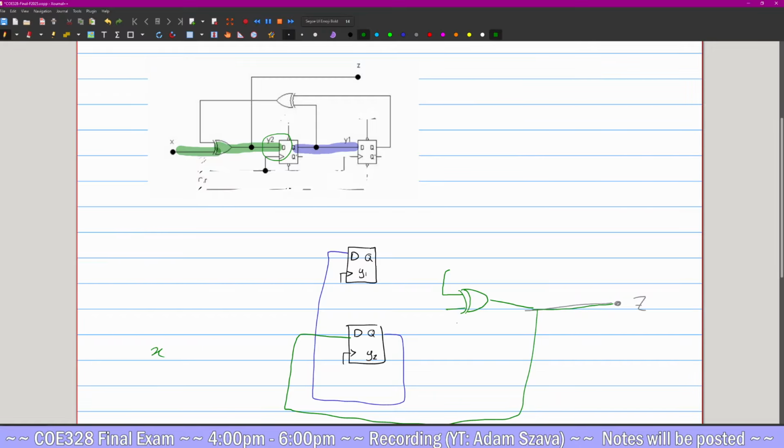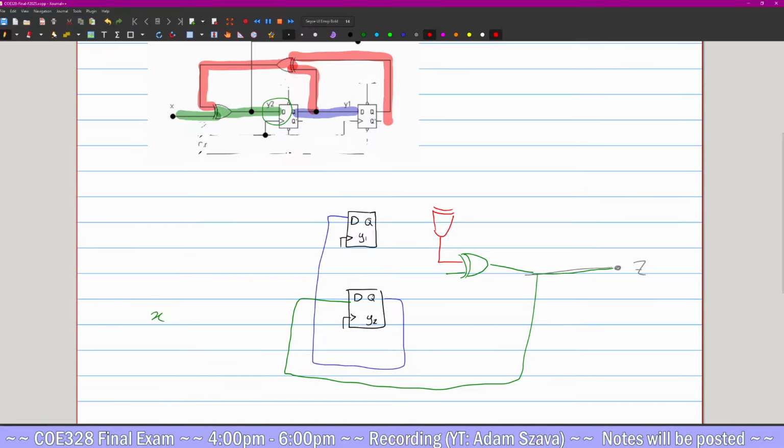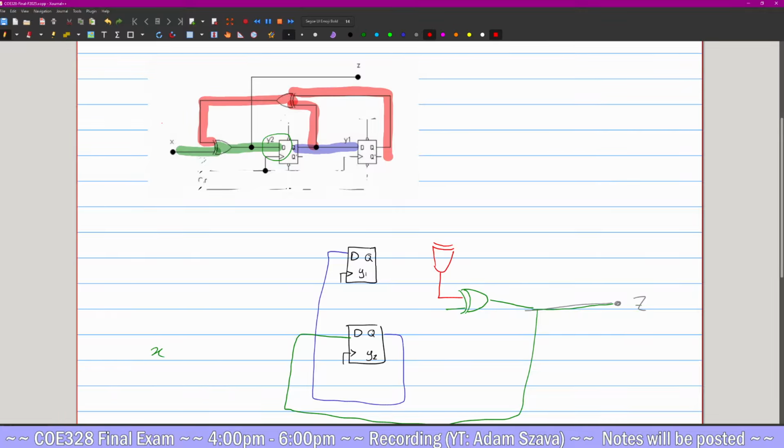It's another OR gate that connects two things, so I'll start color coding this in a different color. That's this red segment, which is all of this. In that red segment, we connect one pin to the blue and one pin to the output of Y1. There we go.